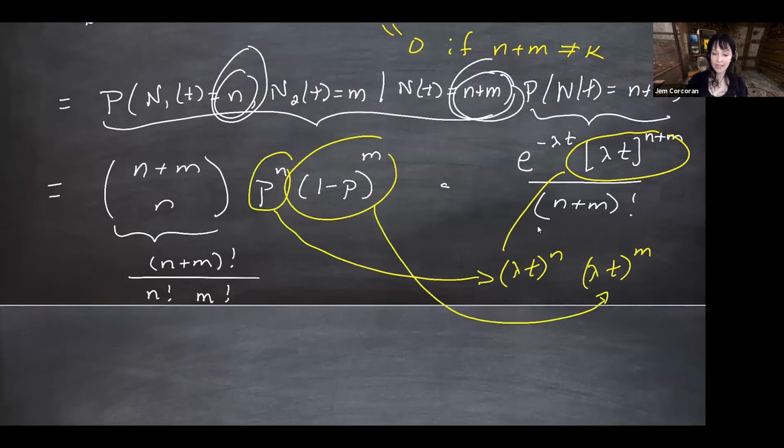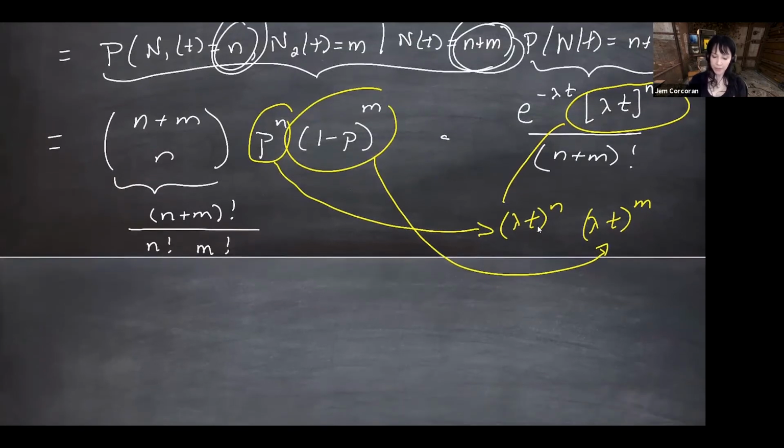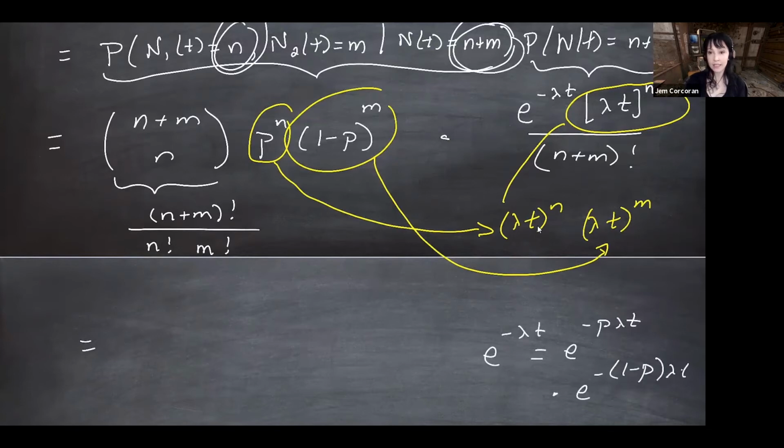In the end, with a little massaging, we will get down to just this one e and all the other stuff. But because I know what I want to see, I'm going to break up this e, using the fact that I can write e to the minus lambda t as e to the minus p lambda t times e to the minus 1 minus p lambda t.